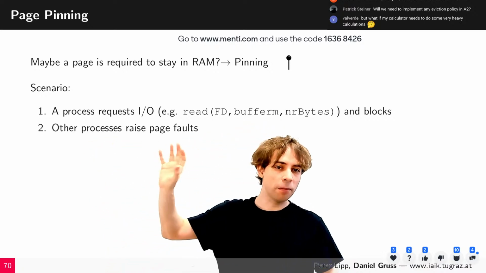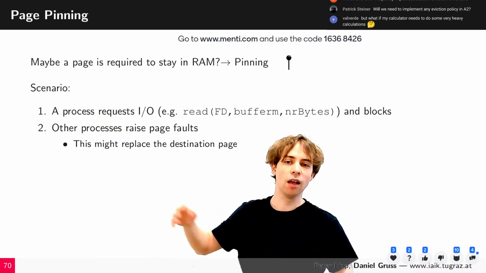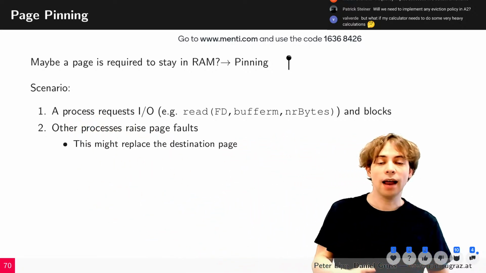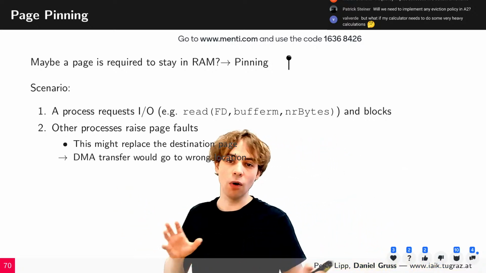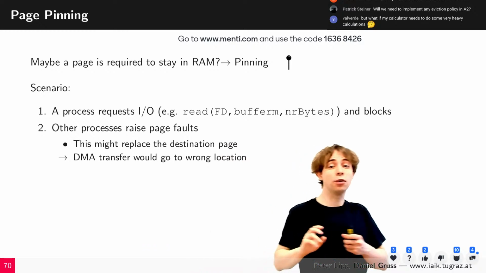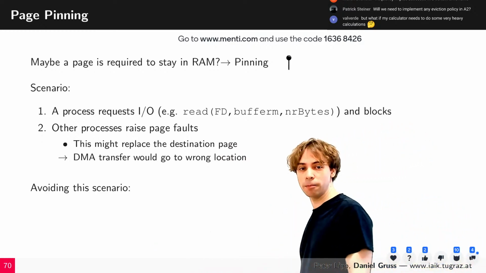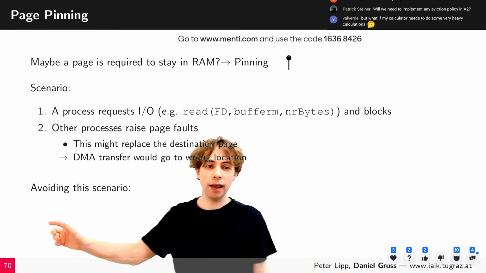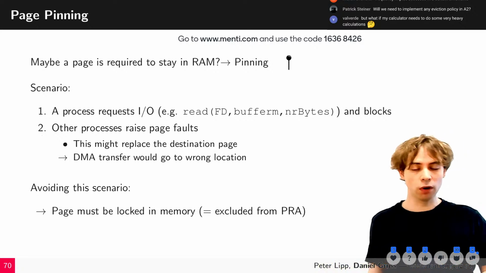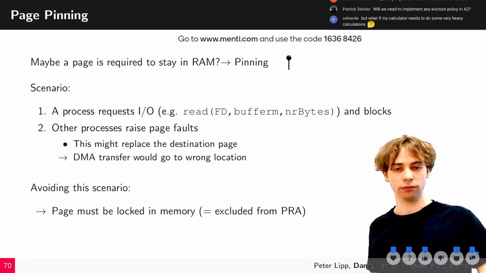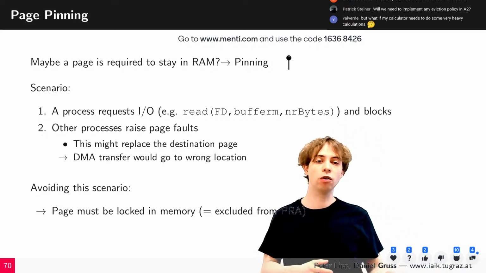If you would, something bad would happen, right? Some other process raises a page fault, the page gets reallocated, and now the I/O device does not know, the DMA transfer does not know that some other process is now using this page and will write onto that page and destroy everything. So we avoid this scenario by locking pages into memory, and they are then excluded from the PRA. So we lock the page, we pin the page into memory, and it cannot be evicted anymore.